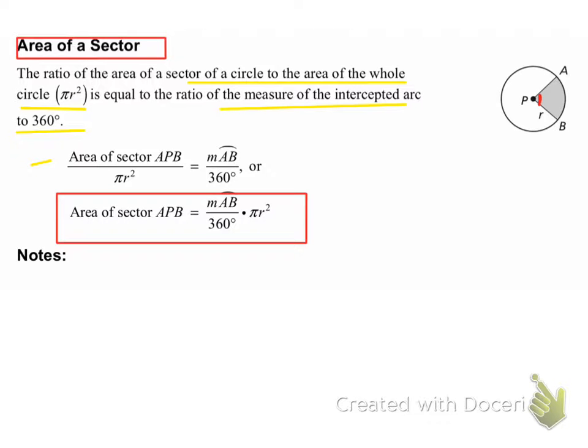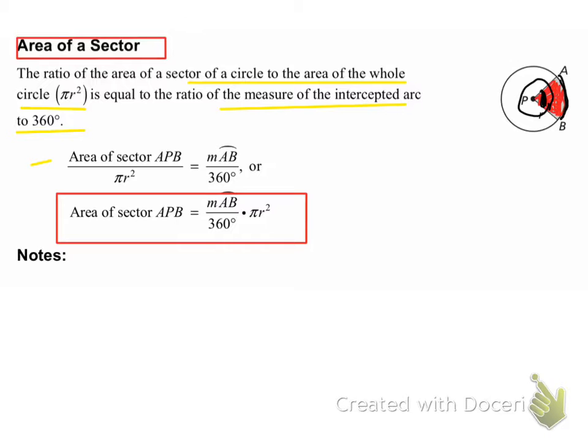But if you get confused, simply remember that if you're finding the area of a sector APB, and you just want to know how much is the area of this part, you need to know what this angle is. That angle is the measure of arc AB, so you just look at this angle out of 360.